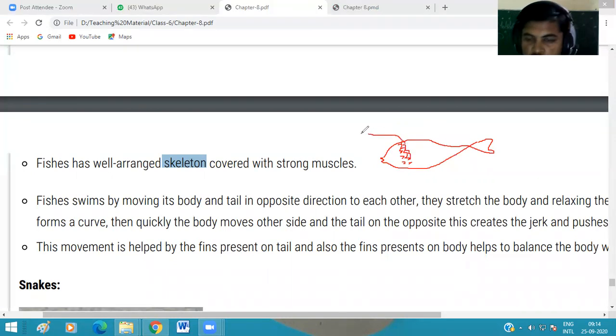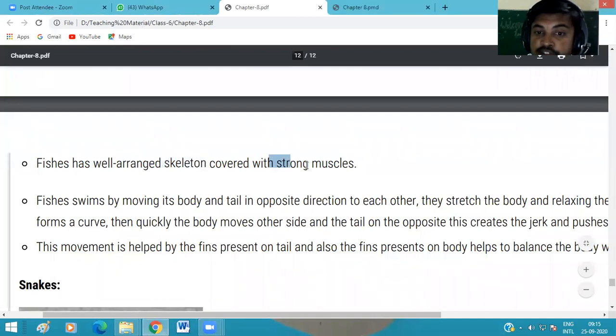When we pull out a section, it looks like this. These we call scales. It means the exoskeleton of fish is made up of scales.